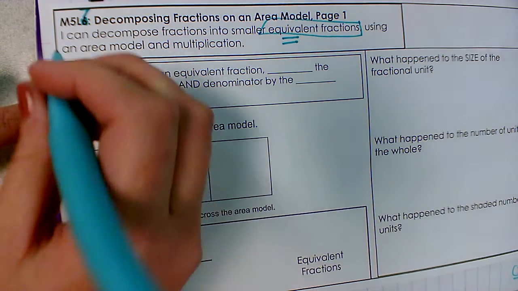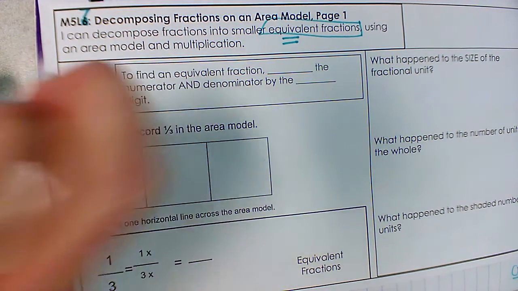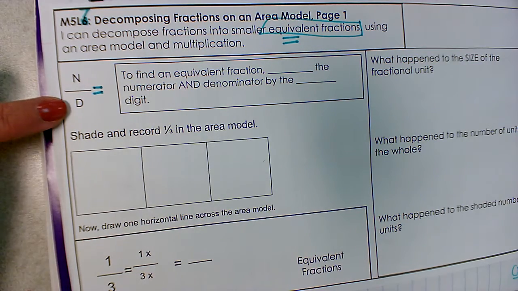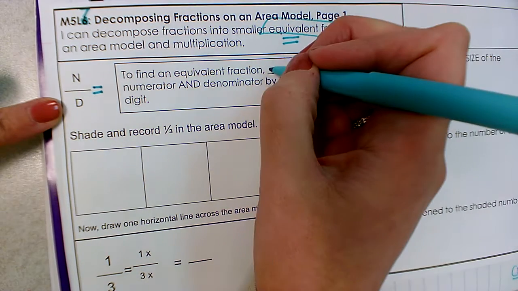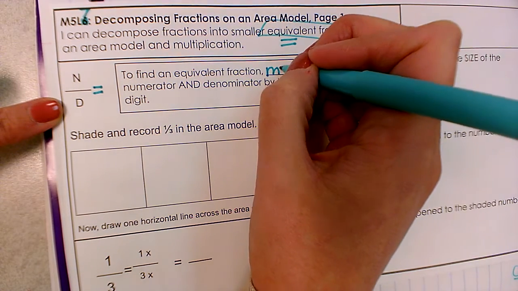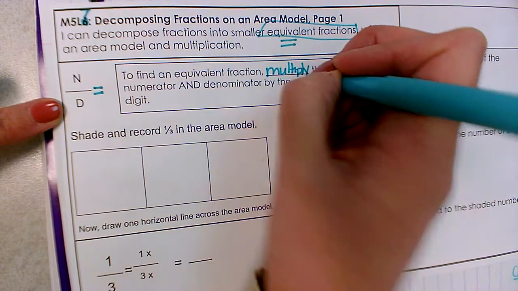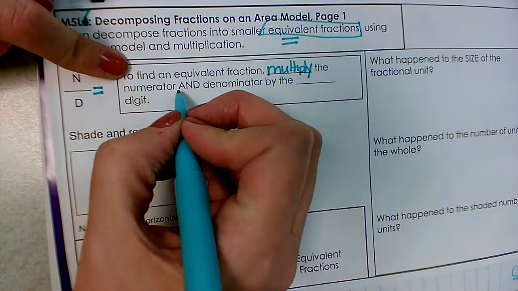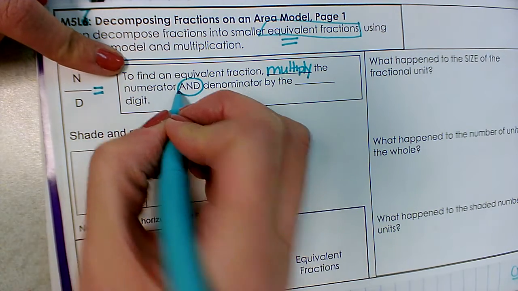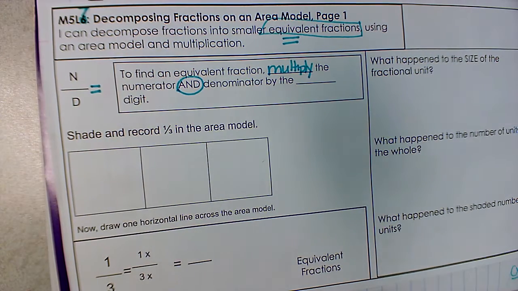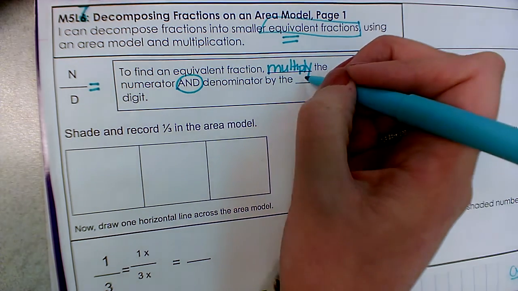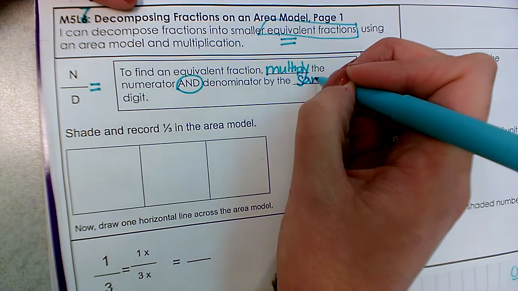If I want to find an equivalent fraction, remember that means that it's equal, I am going to do a couple of things. We are going to multiply the numerator, and I want you to circle, even though it's capitalized, we have to draw our attention, the numerator and the denominator by the same digit.